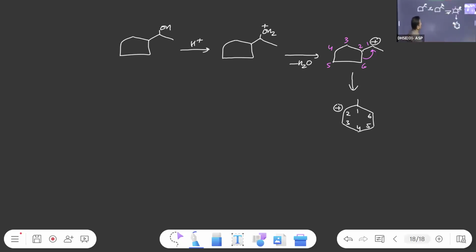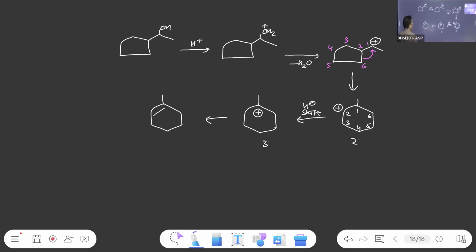Next, hydride shift, because this is a secondary carbocation and this is a tertiary carbocation. And after hydride shift, the alkene is this. Okay, this is the alkene.